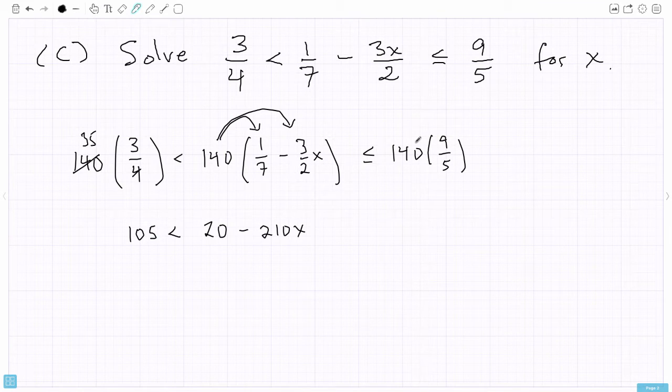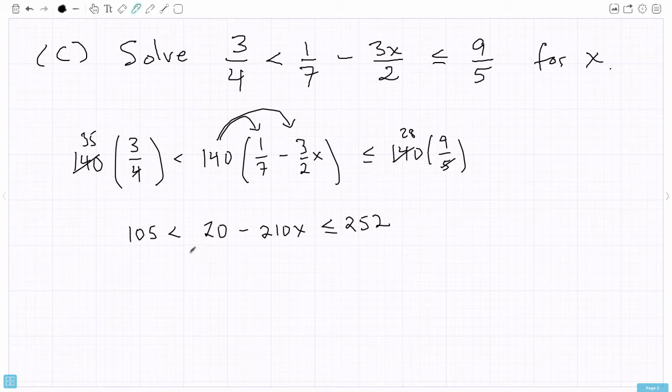And then over here, 140 divided by 5 is 28 times 9. Multiply the 28 times 9, you get 252. Alright, so that was a bunch of fractions, but all the fractions are done. Now I can move on to isolating this x term without worrying about any more fractions.